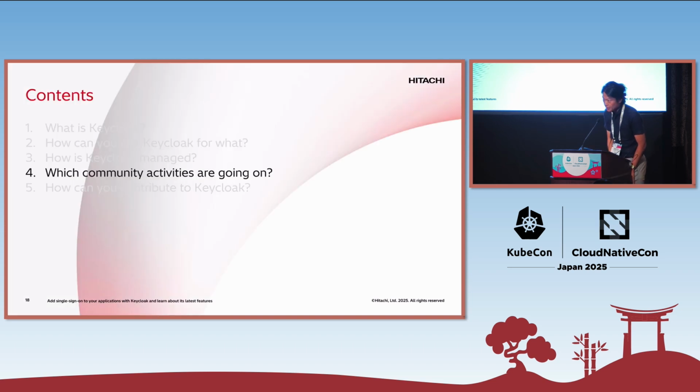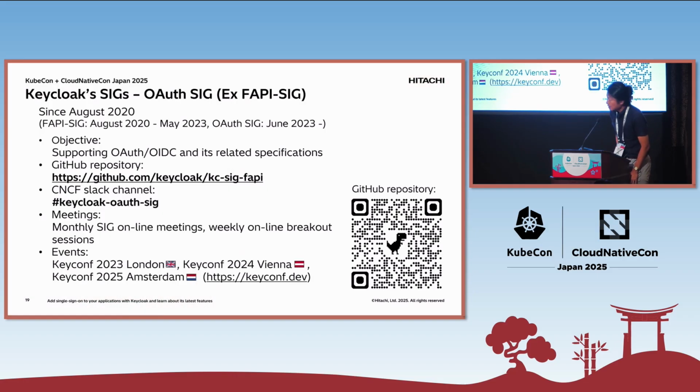Next, I'd like to tell you which community activities are going on. As far as I know, there are 2 official Keycloak special interest groups, SIGs. The first SIG is the OAuth SIG. Its objective is to support OAuth, OIDC and other security specifications in Keycloak.